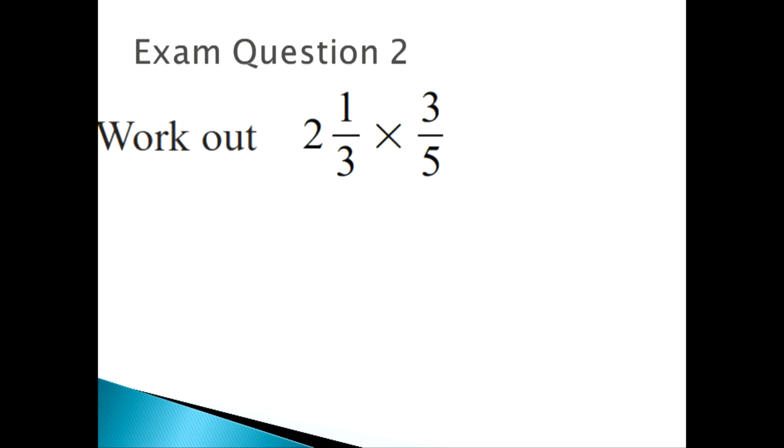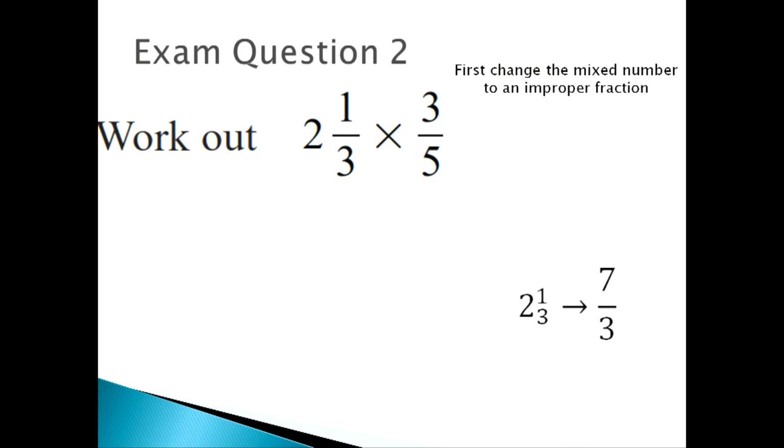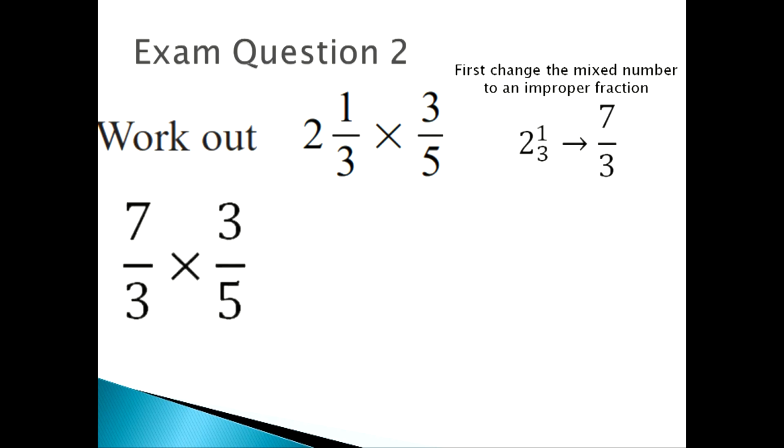Now we're going to look at the second exam question. Work out 2 and 1/3 times by 3/5. First of all, you have to change the mixed number to an improper fraction before you start the multiplication. 2 and 1/3 is equivalent to 7 over 3.